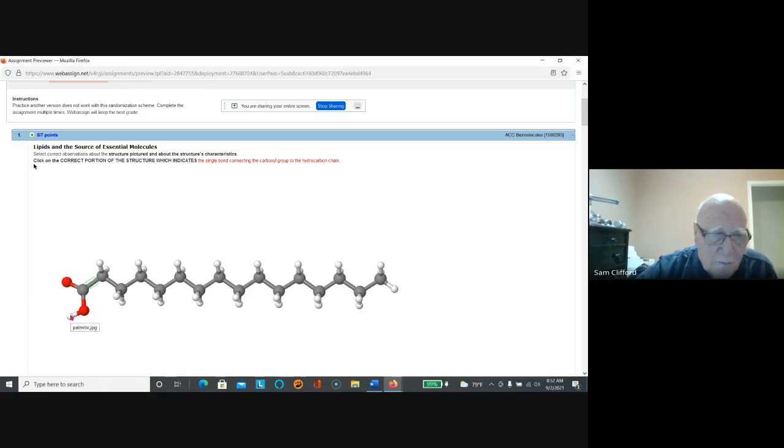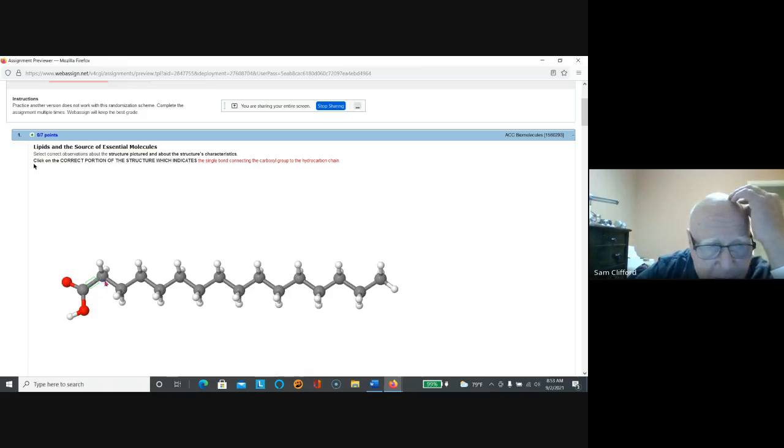The carboxyl group can lose this H and donate a hydrogen ion to the solution. So it's called a fatty acid because it has this acid portion where electronegative oxygen has the electrons attracted to itself, so the electrons are shared unequally.